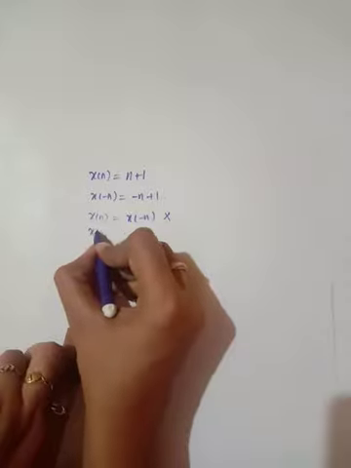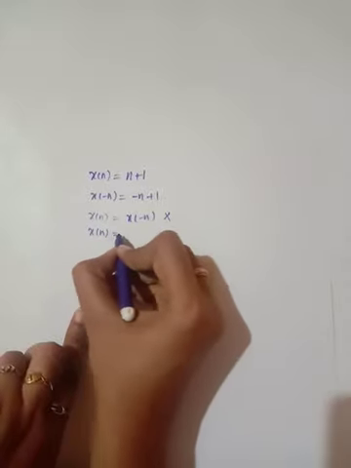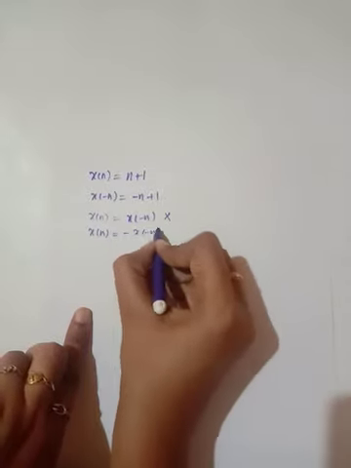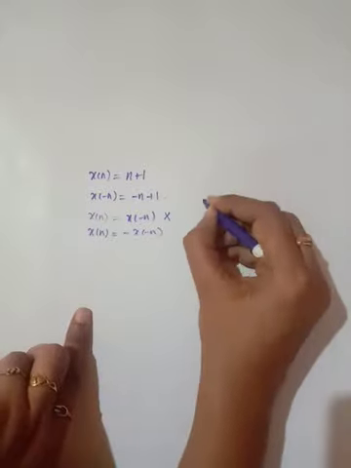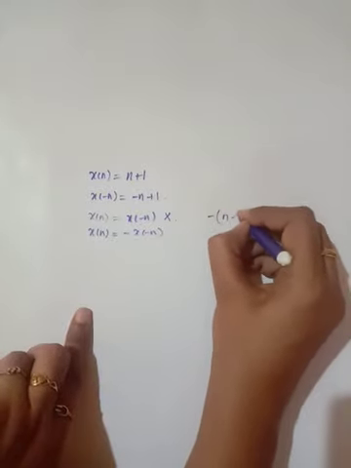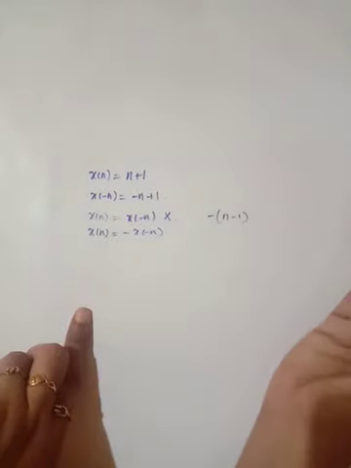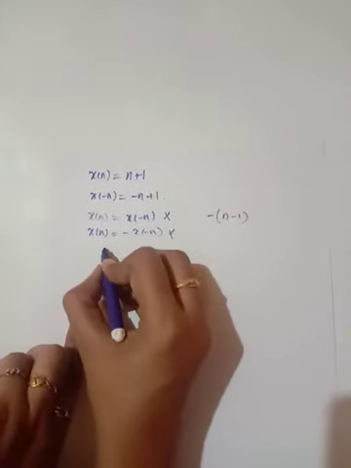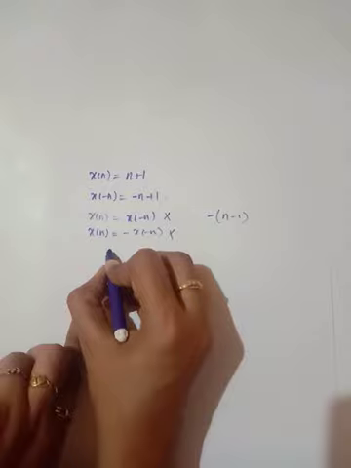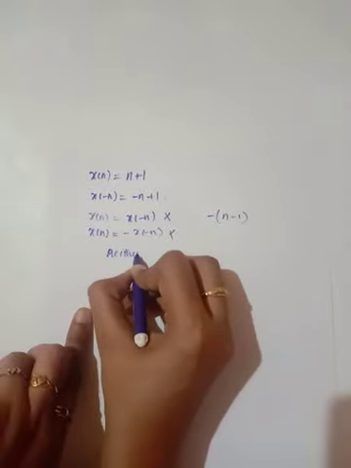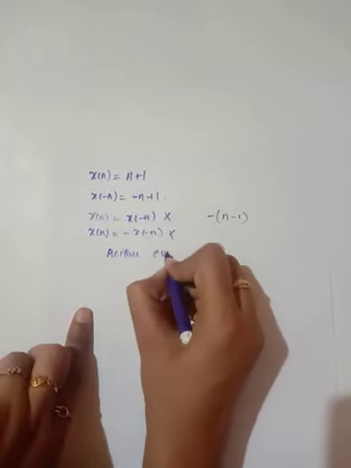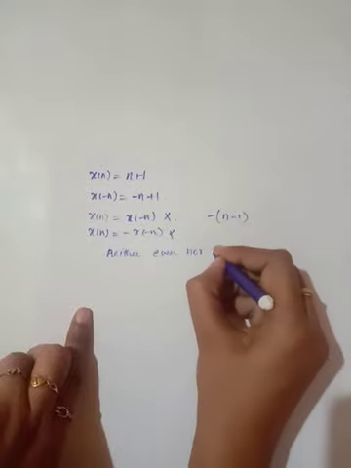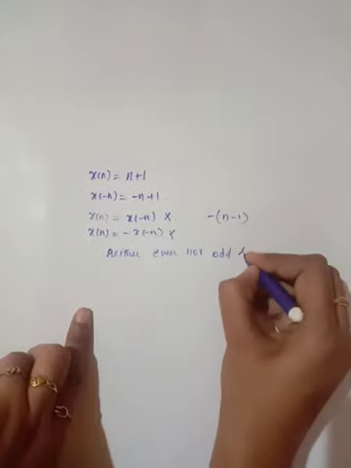Another one is x of n is equal to minus x of minus n. I need to check. Now consider here, you take minus outside, what will it become? It becomes minus n minus 1. This is also not satisfying in this case. So this signal is neither an even signal nor an odd signal, right?